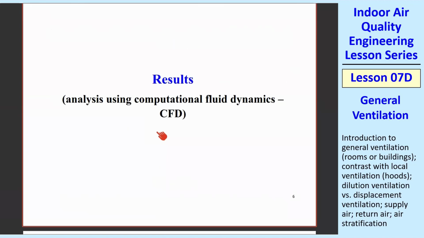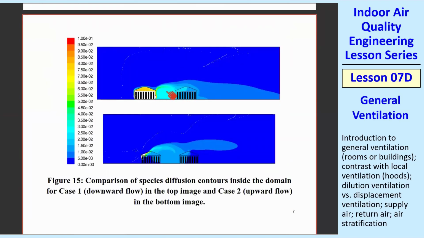So what were the results? We did computational fluid dynamics. We modeled 2 chicken houses in tandem, so the wind is coming from left to right. This is a species contaminant. We picked a substance. Back then we were interested in avian flu. Once a chicken gets it in one of these barns, it basically spreads through the whole thing and can even spread to other barns. This is a case where the contaminant was generated in this first barn.